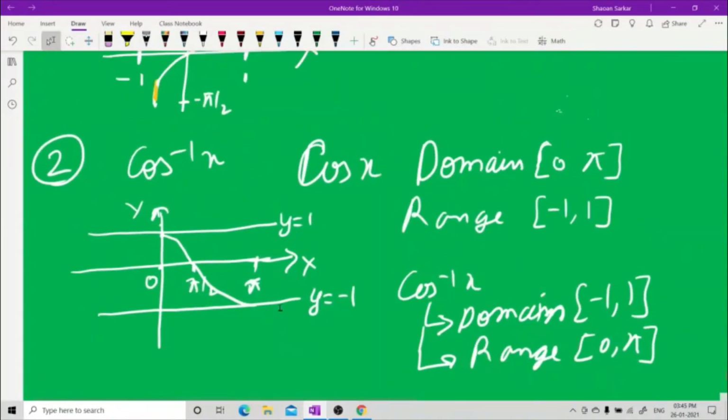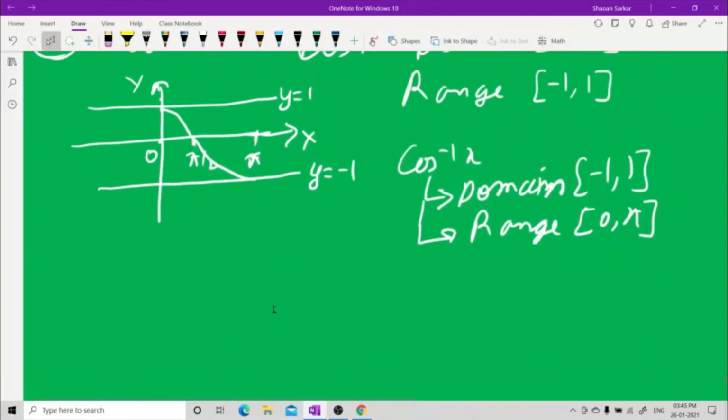Let me drag it. Let me take a little bit more space. Yes, let me keep this graph. Now you see, this graph is somewhat like this. This is your y-axis, this is my x-axis, this is my 0, this is my pi by 2, and this is my pi.